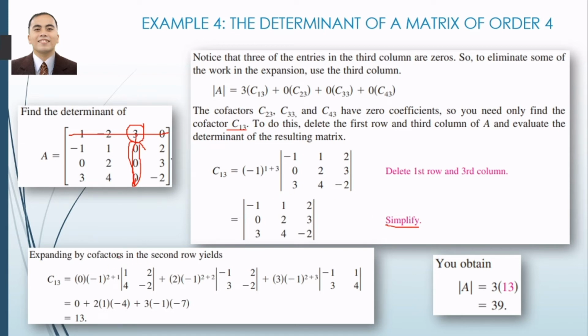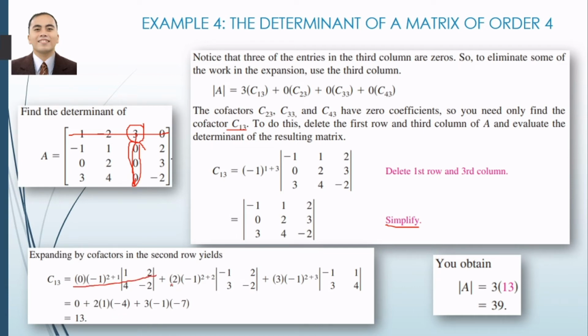Expanding by the cofactors in the second row yields C sub 1 3 is equal to 0 times the quantity of negative 1 raised to 2 plus 1, times the determinant of 1, 2, 4, negative 2. So therefore, following the rule, this would become 0.